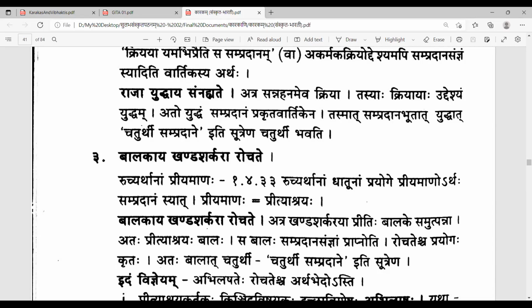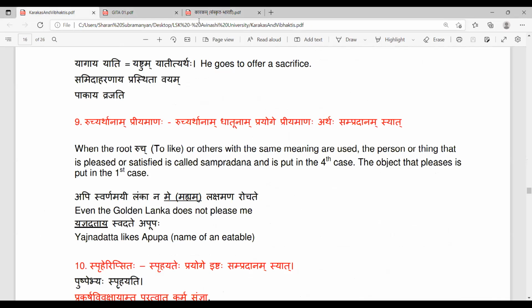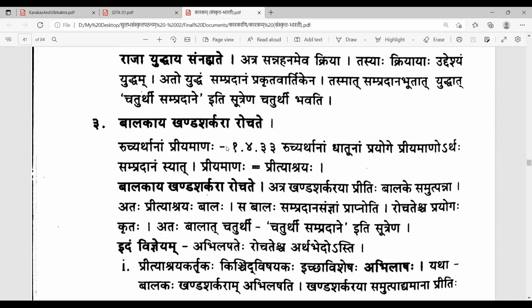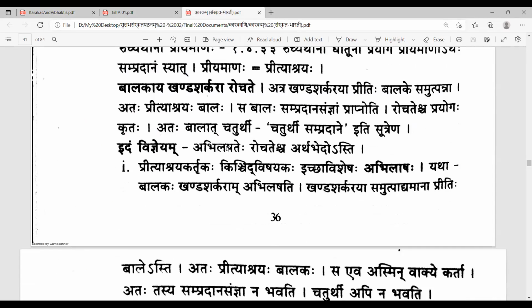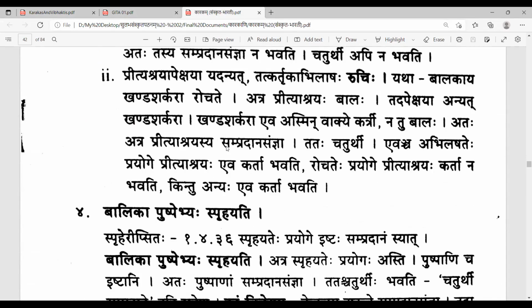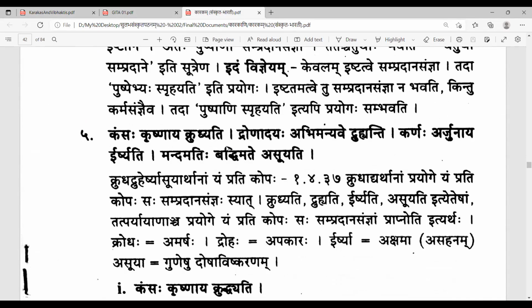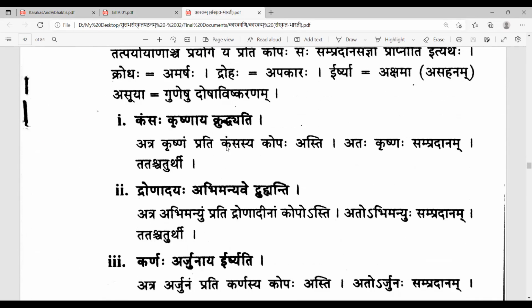Ruchyarthanam priyamanah, the ruch dhatu. Samskrita Bharati is elaborately given, and you don't have time to go through it. That is why it is condensed in this sheet. An English translation is given. Yes, ji. Noted. You just see, but it is not elaborated. Samskrita Bharati may have elaborated each, or maybe given more examples.